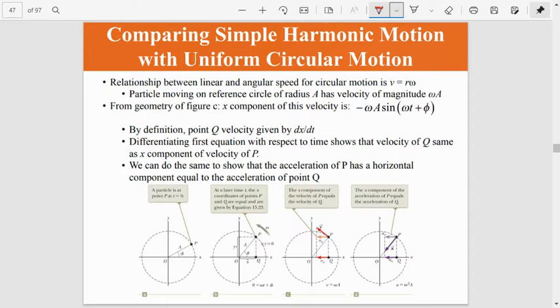And you'll see by deriving that again using trigonometry, using cos and sine, that the acceleration and velocity, this horizontal component, is exactly that of a harmonic oscillator. So the horizontal projection of a particle moving in uniform circular motion is exactly a simple harmonic oscillator moving about the x-axis with an amplitude equal to the radius of the circle and an angular frequency equal to the angular frequency of the particle P.